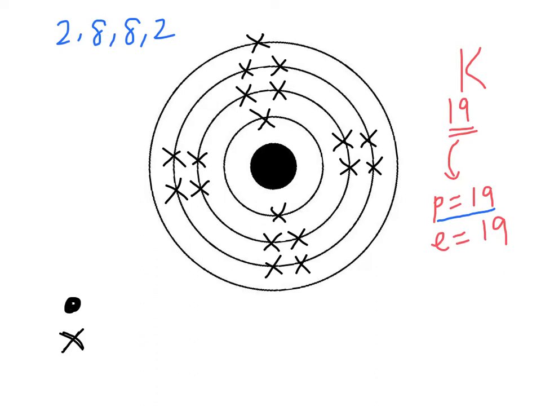Before you go any further, let's have a closer look at this atom and the arrangement of electrons. This shell, which is where you find the last electron, or the outermost shell, is referred to as the highest energy level that is occupied by the electrons of potassium. And the lowest energy level is here, where you find 2 electrons, then the second energy level, third energy level, and the fourth energy level.